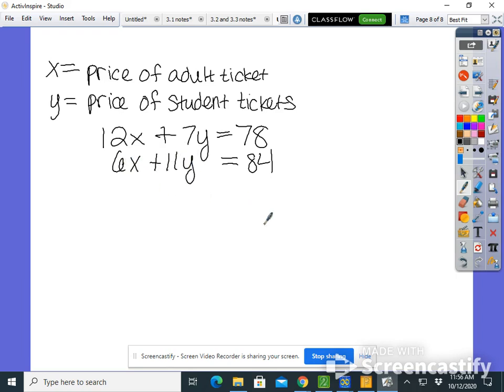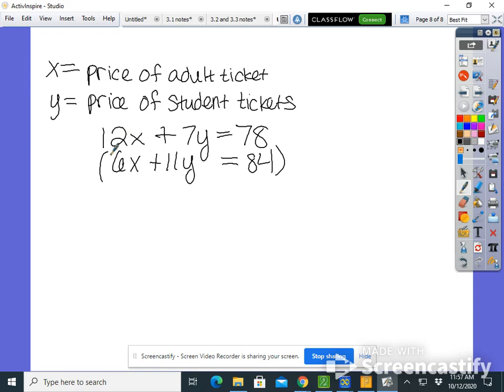Now what can I do to solve this? Times 2 to the bottom equation. I do want to multiply by 2, because I'm trying to cancel out this 12X, right? But what do I need? I'm going to have two 12Xs. Does 12X and 12X cancel? Negative 2.